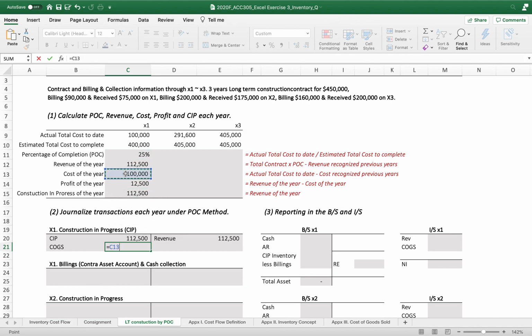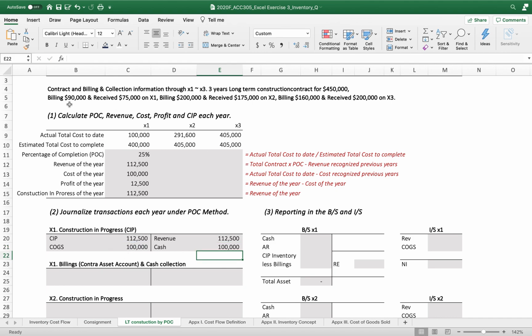That's right, the cost. Then we need to recognize cash out. This cost is the spending amount the company actually expensed for the construction during only that period, year one. So the cash is exactly the same as this.